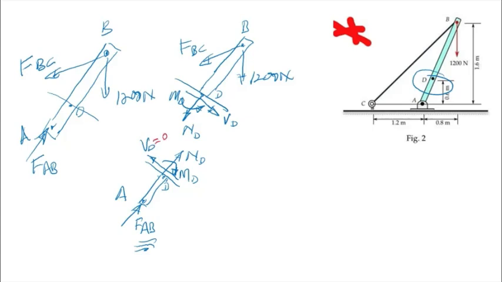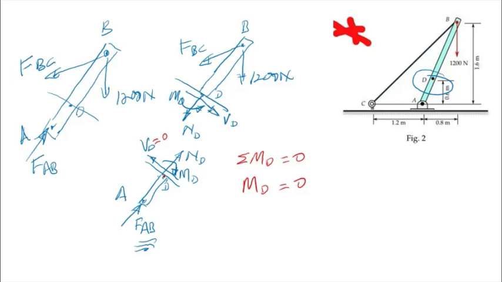Okay, and MD is also equal to 0, because taking moment about point D, you only have MD and there are no other forces in the equation. Summation of moments about D is equal to 0 for the bottom diagram. You will have MD equal to 0, so the moment is equal to 0.